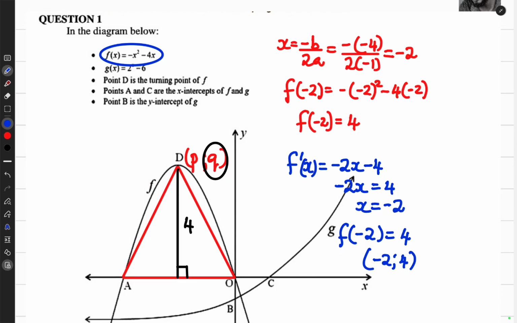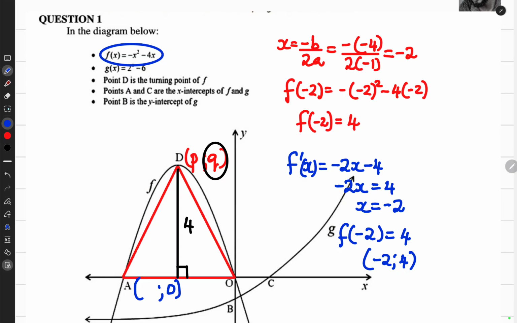So we're left with this. We need to find the length of AO, and that should be easy. What we need to do is calculate the x-intercept at A, where y is 0.